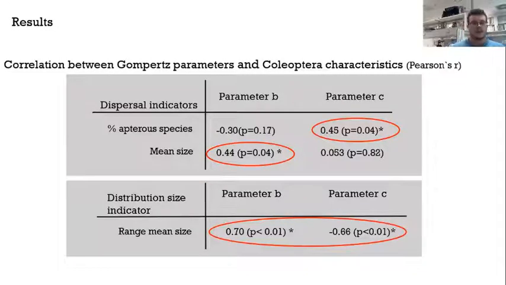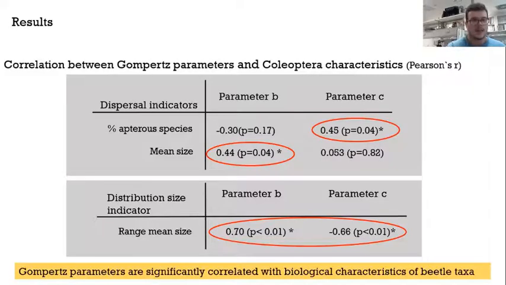Both parameters have a significant correlation with the distribution range size. So the Gompertz parameters are significantly correlated with the biological characteristics of the beetle taxa.